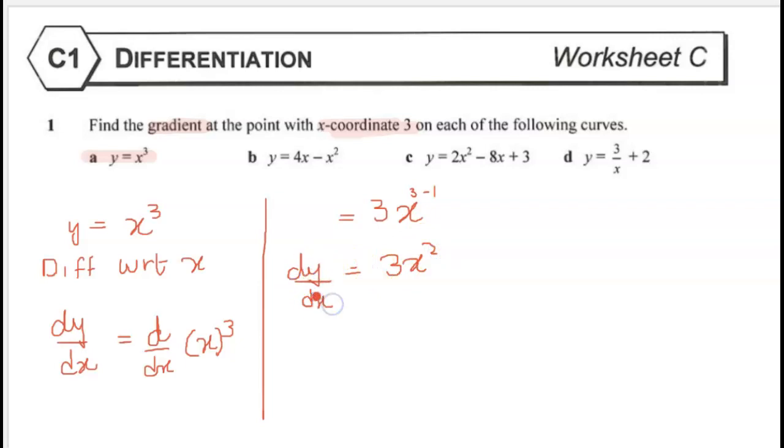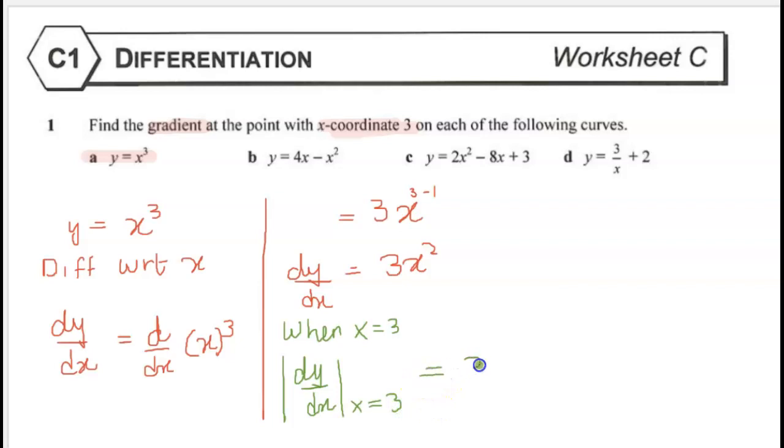But the question is saying when x is 3. So I'm just going to write down here when x is 3. The notation we use is this. You write dy over dx, put the 2 lines in the front, that's the modulus line, and x equals 3.